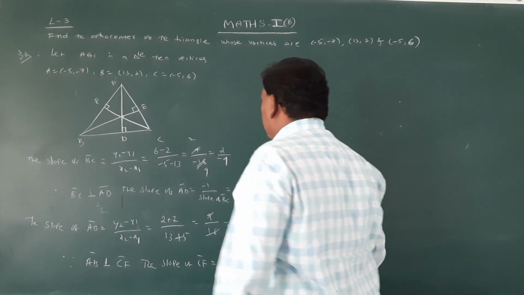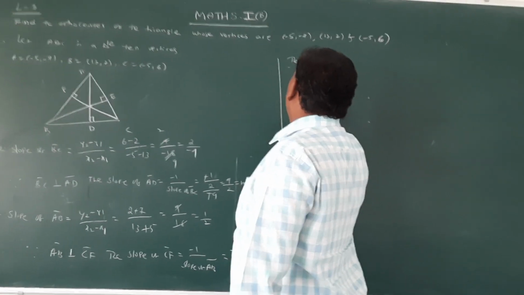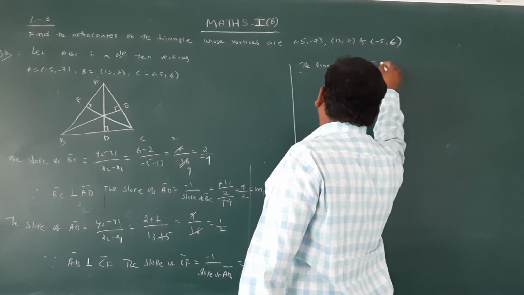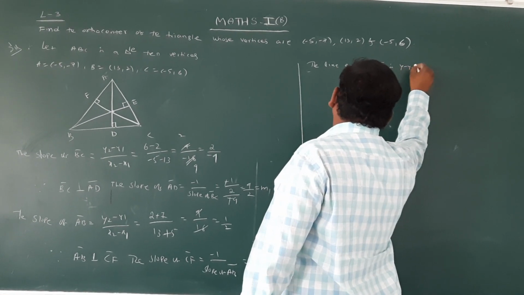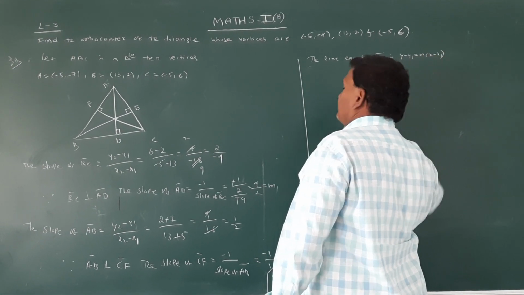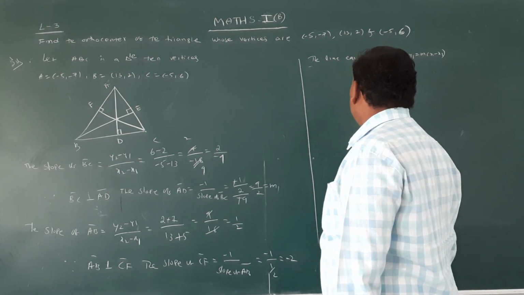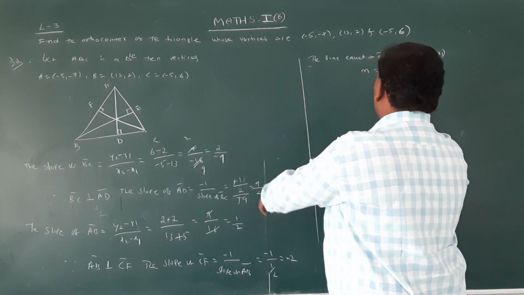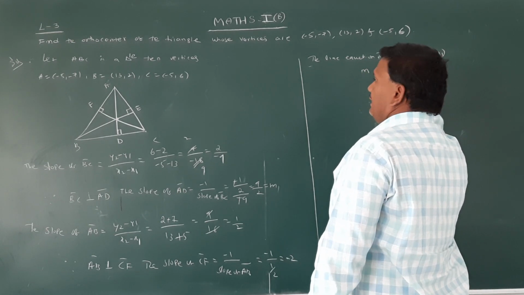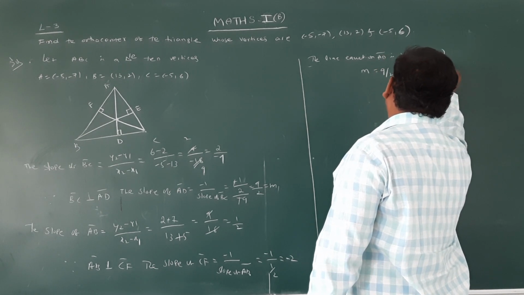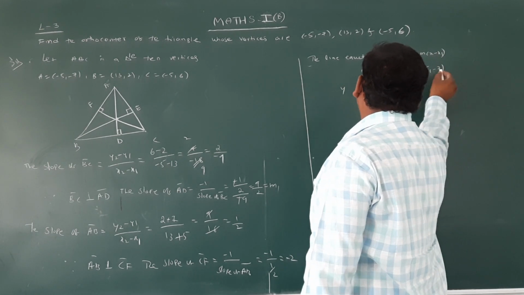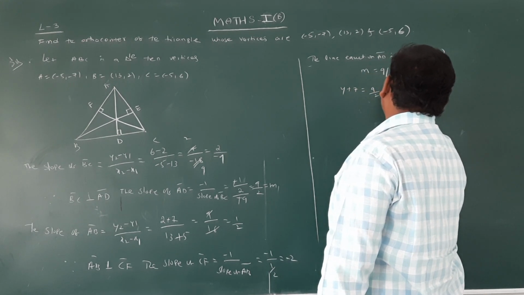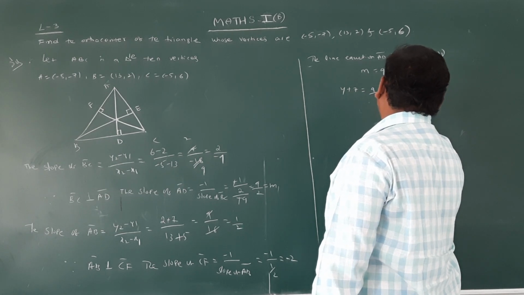Next, the equation of AD. The line equation is y minus y1 is equal to m into x minus x1. The slope m is 9 by 2, and A is equal to (-5, -7). So y plus 7 is equal to 9 by 2 into x plus 5.